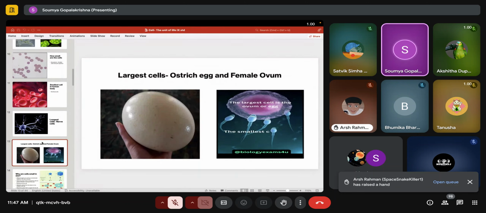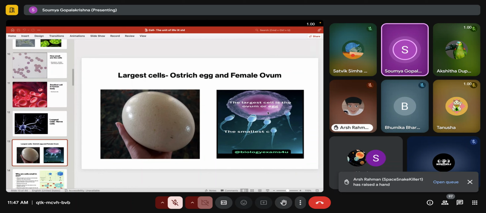Now the largest cell, not longest, largest cell. An egg is also considered a cell because it contains the yolk, if it is a fertilized egg. The largest cell amongst all organisms is the egg of an ostrich. In the human body, the ovum in the female is also considered to be the largest cell.